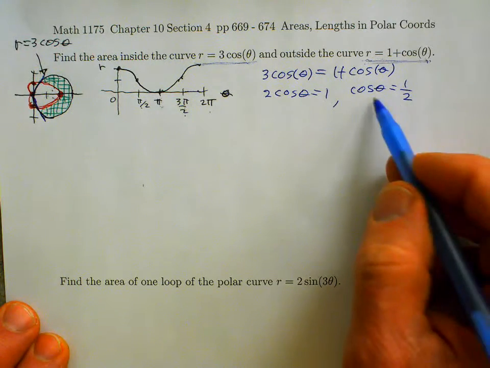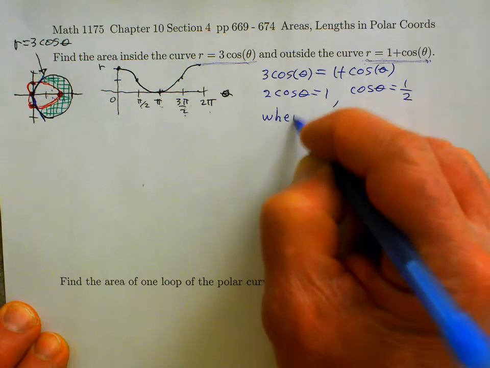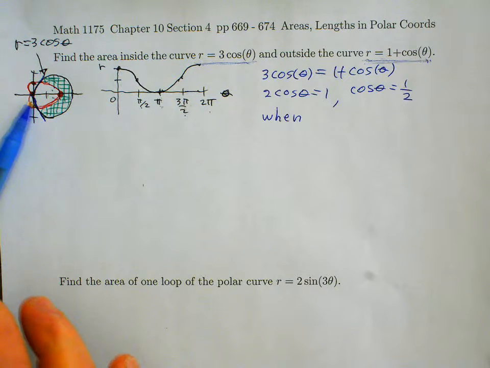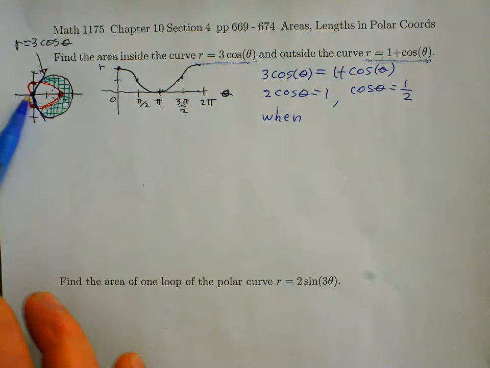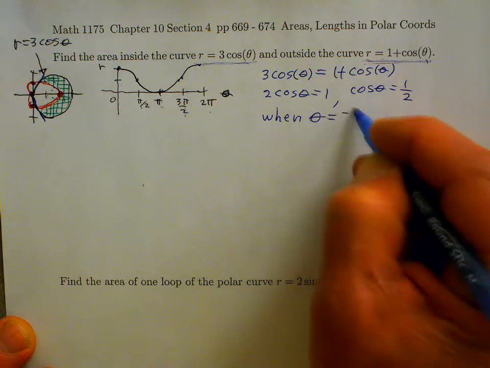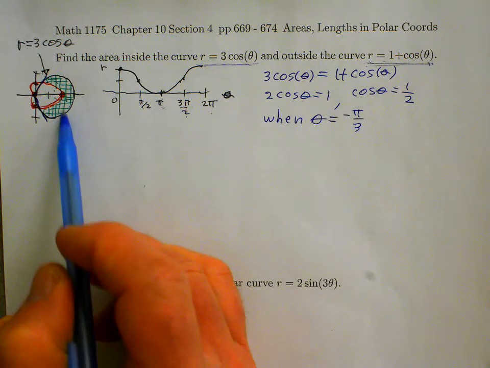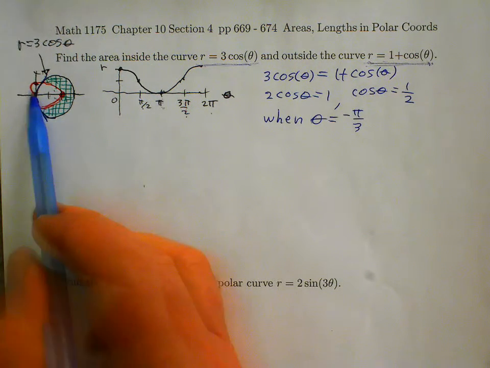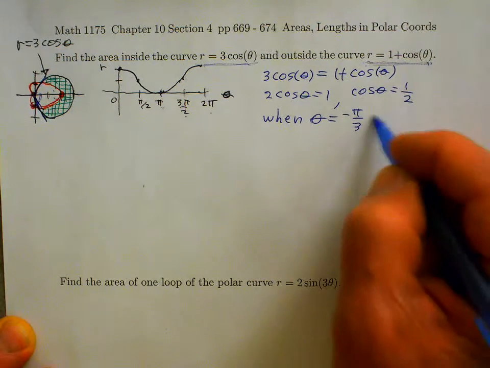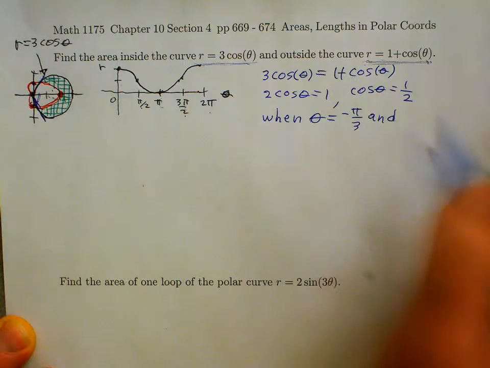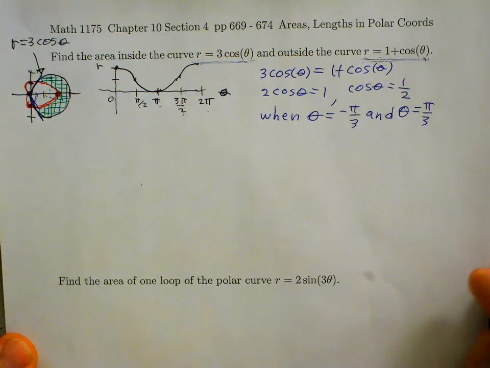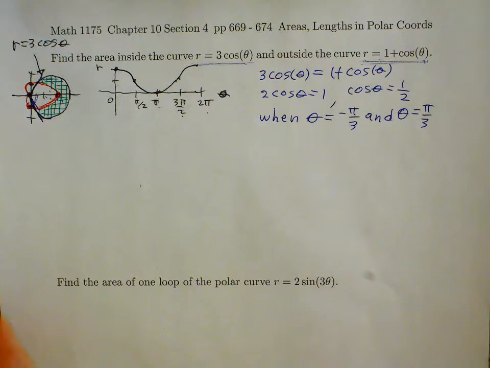And cosine of theta is 1/2 when, well, in our picture, we want theta to be negative pi over 3 and pi over 3. Cosine is positive in the 4th quadrant, so this angle is negative pi over 3. And in the 1st quadrant, theta is pi over 3. Okay, so those are going to be the limits of integration.